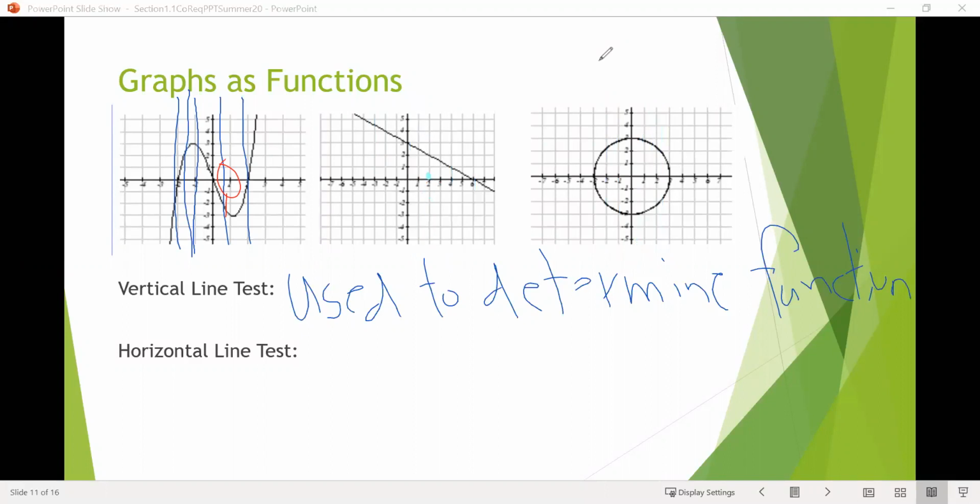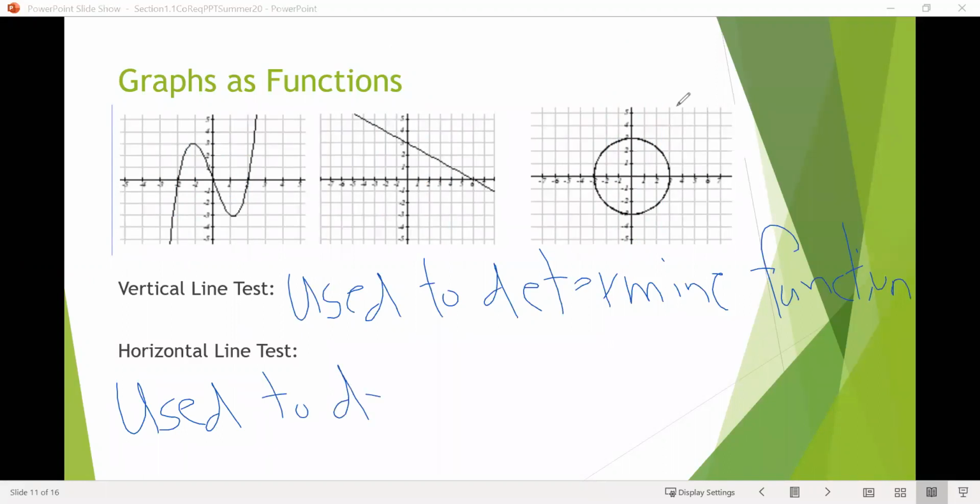All right, the horizontal line test then is used to determine if a function is 1-to-1. Okay, and basically the idea is similar to the vertical line test, is that if we can draw a horizontal line that intersects a graph in more than one place, then we know that is not a 1-to-1 function.